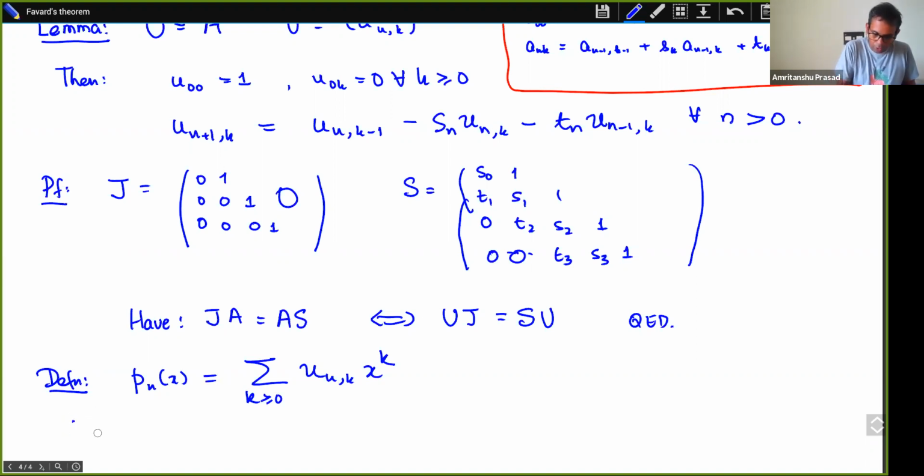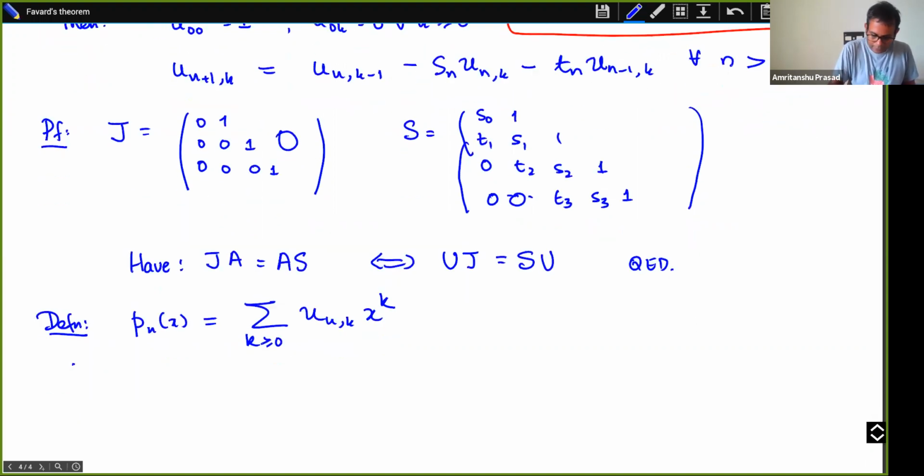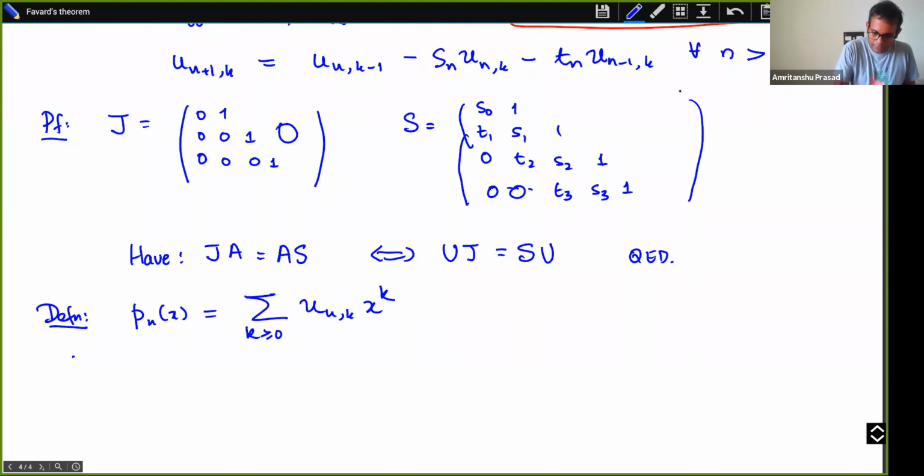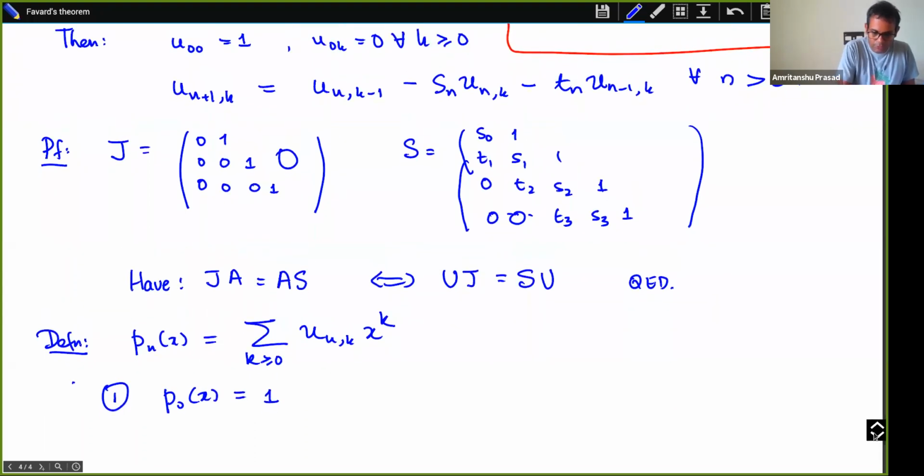One consequence of this identity is, firstly, that P_0(x) is just 1, because U_00 is 1 and U_0k is 0.